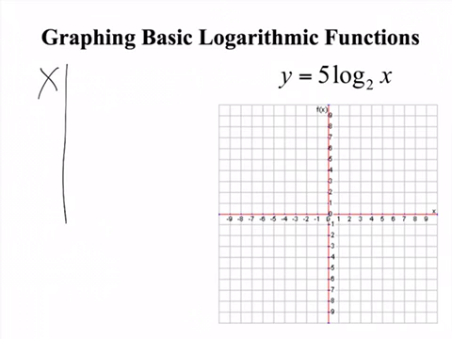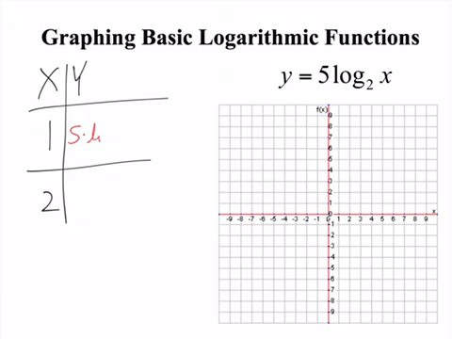So make my table. Plug in 1 and the base, which is 2. That gives us 5 times log base 2 of 1, which is 5 times, 2 to the what power is 1? Isn't that 0?